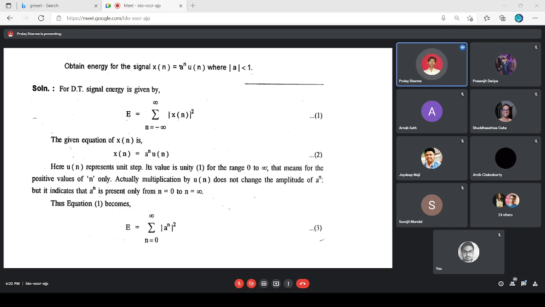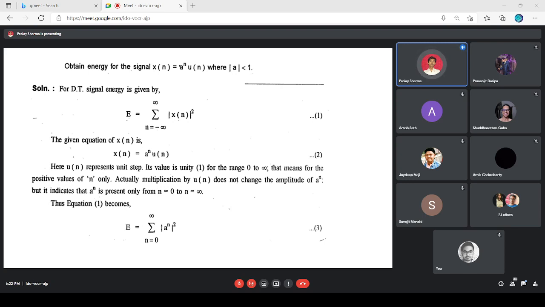There is a small numerical problem we have. We have to obtain the energy of the signal x[n] = a to the power n u[n], where the value of a is less than 1. So for this exponential kind of signal, we have to find the energy. We have to remember that a is less than 1.